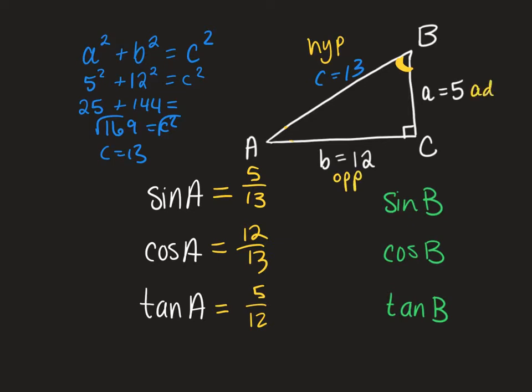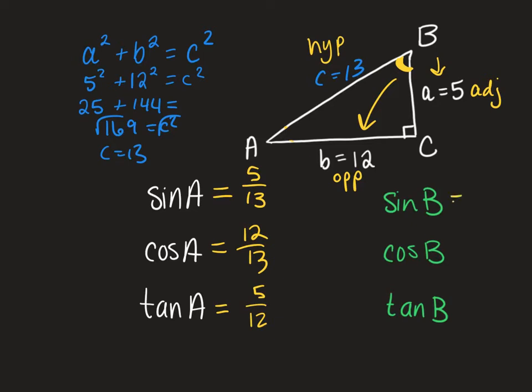This is going to be our adjacent. So your opposite and adjacent are going to depend on what angle you're looking from. Hypotenuse is always going to stay where it is, though. Your opposite and adjacent are going to switch.